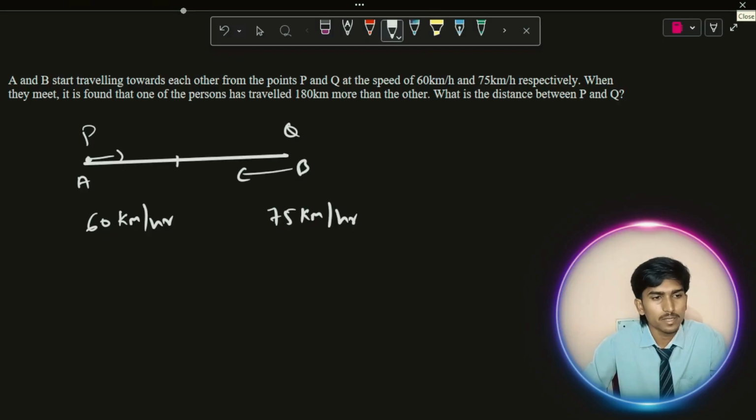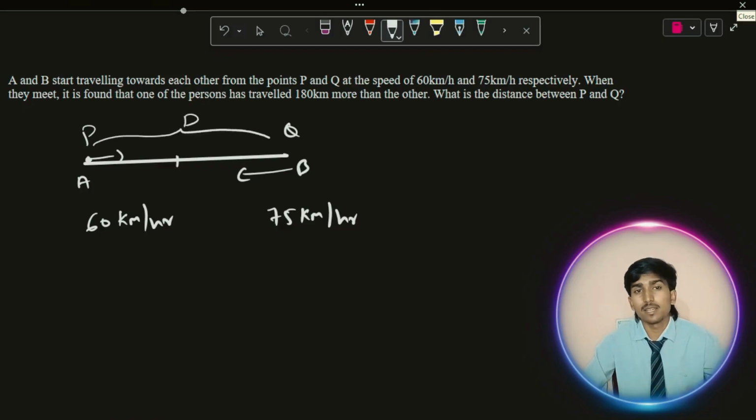When they meet, means they meet at one point, one person has traveled 180 kilometers more than the other. What is the distance between P and Q? They are asking for the distance between P and Q. And remember, the given data is clear. It is found that one of the persons has traveled 180 kilometers more than the other. That means either A or B traveled 180 kilometers more.